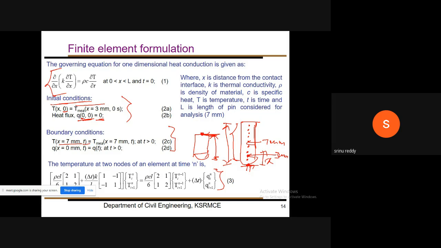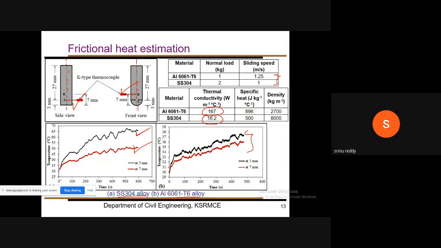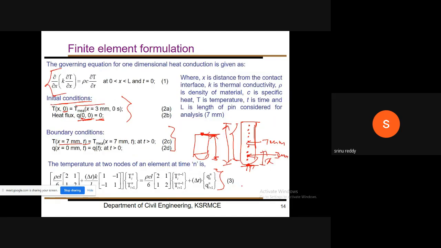So here, if you observe these input values for different points of time, till 600 seconds we have measured temperatures. First second, second, third second, whatever temperatures we have observed at the 7th mm location, we are assigning as boundary conditions. Heat flux at x equal to 0 and time t at any point of time: when time progresses, heat flux will keep on generating.